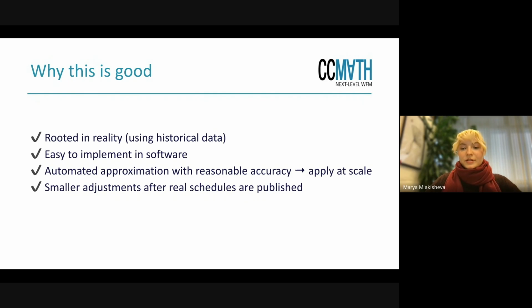And using an average also smoothes the variability in their working pattern. It's pretty easy to implement in software. We just calculate the averages. It's very nice and easy to use when you want to automatically get a certain understanding whether you can approve somebody's time off. And once the schedules are published, you need to make smaller adjustments to the actual allotment deductions.